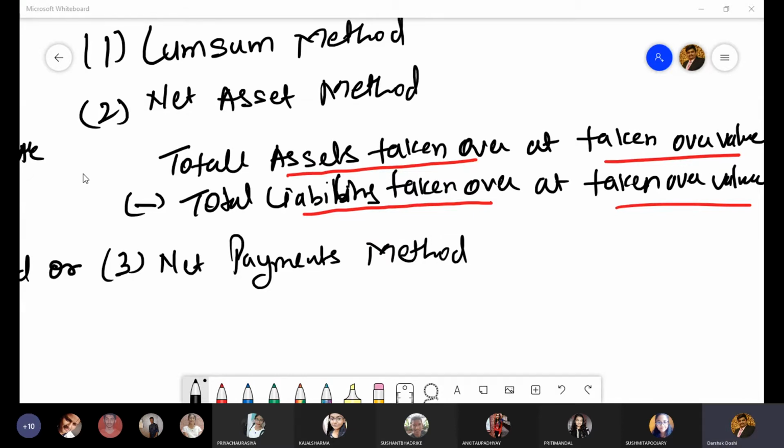Will you take this debenture which is given to equity shareholders for the purpose of calculation of purchase consideration? Any amount paid to equity shareholders in the form of debentures, will that come in calculation of purchase consideration? Yes or no?